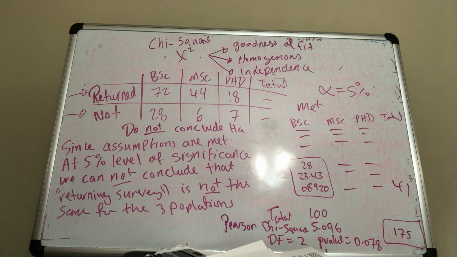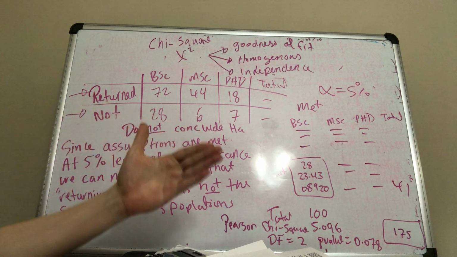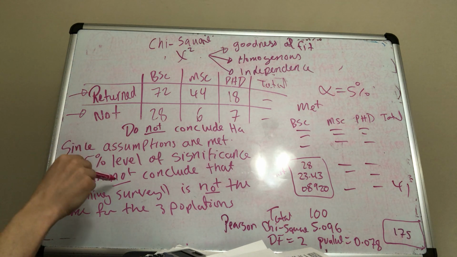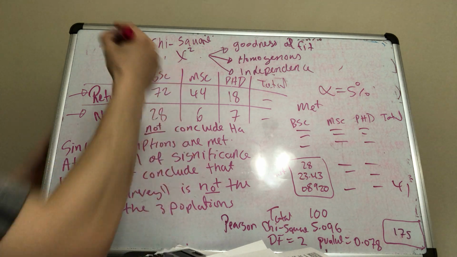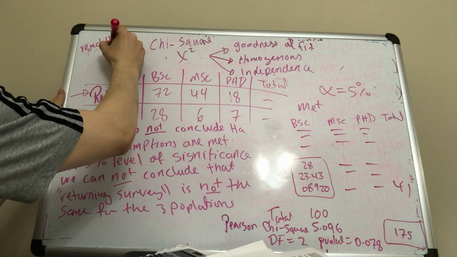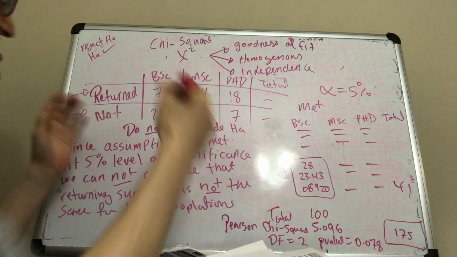So what we're saying here is, we cannot prove that they're not the same. Watch for the double negative. It's a little bit confusing, but what we're proving is that they're the same. To make life easy, anytime you conclude reject H0, that means HA is okay.